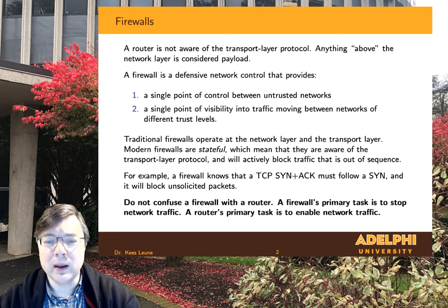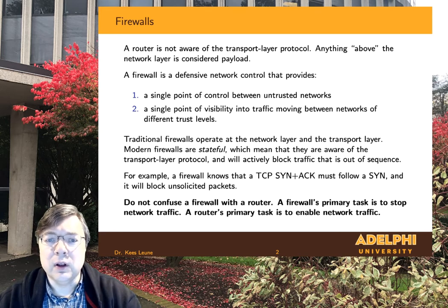It doesn't know anything about TCP in most cases, or even higher level protocols like HTTP or DNS or any of that stuff. And so the router itself is, in its purest form at least, not aware of the transport layer protocol or anything above. It just sees it as payload, and because it sees it as payload, it can't easily filter on that. That's where the firewall comes in.